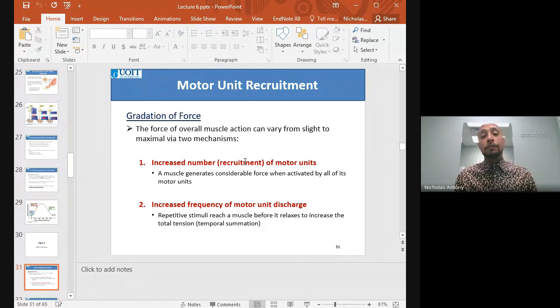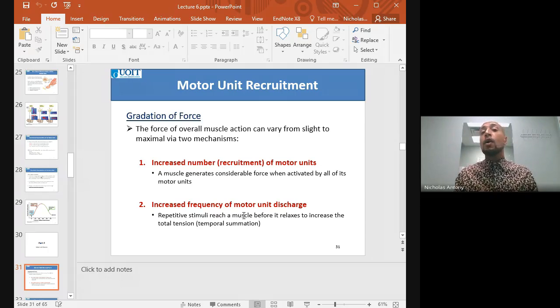Now, what happens if you activate all of the motor units and you still want to increase force? What we saw with the temporal summation of our local potentials on the dendrites, the same sort of thing can be said of the muscle contraction strategies.